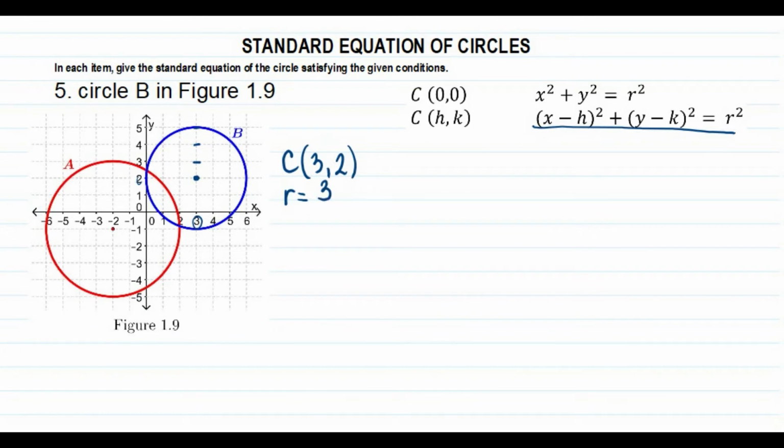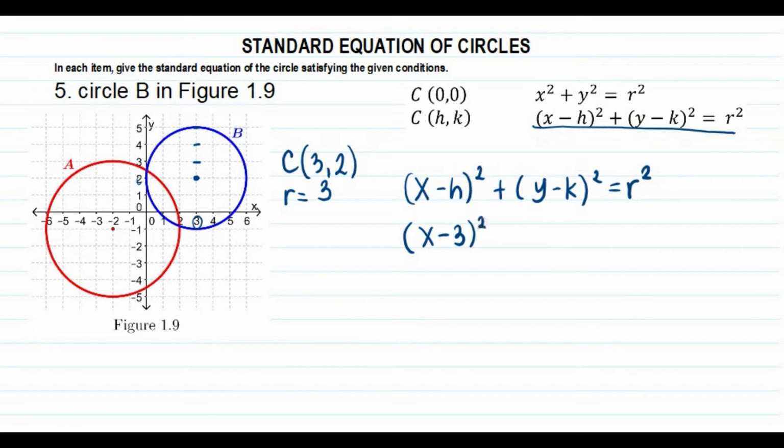Now, simply copy the standard equation of a circle not located at the origin and substitute our values. X minus 3 squared plus y minus 2 squared. O, baka hindi na naman alam kung saan galing yun. This is h and k. Para lang sure, 3 squared.